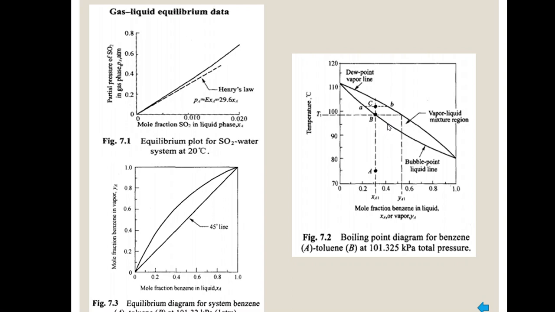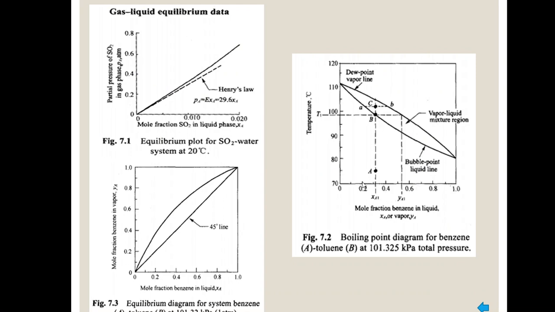Now, if you would be asked what is the corresponding composition of your vapor in terms of A when its liquid composition is 0.4, you go rightwards until you reach this point here, and then go down and read the YA here on the x-axis.